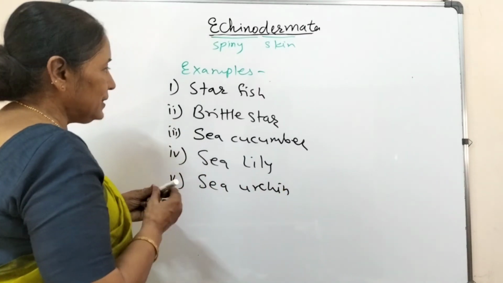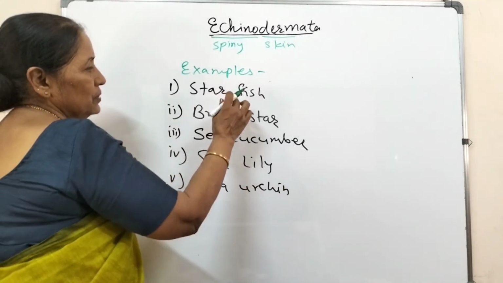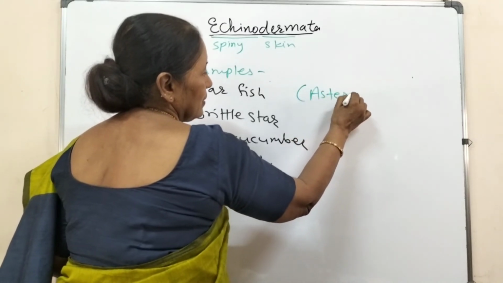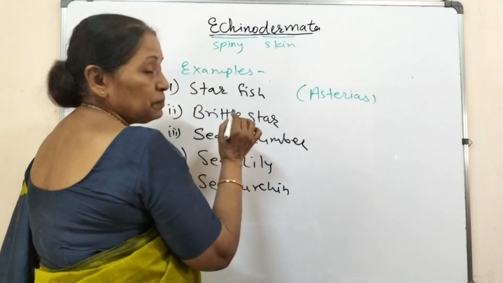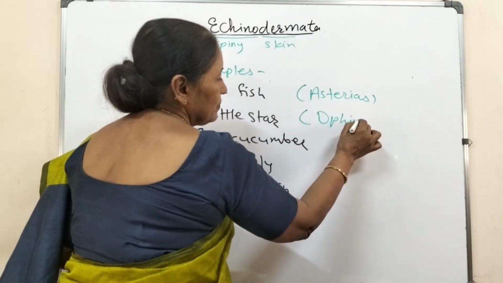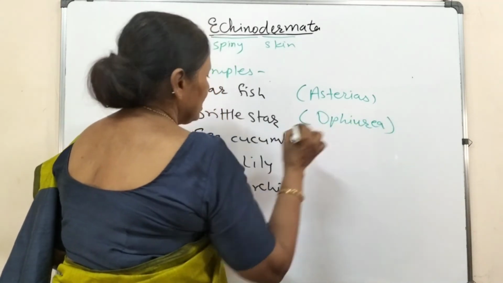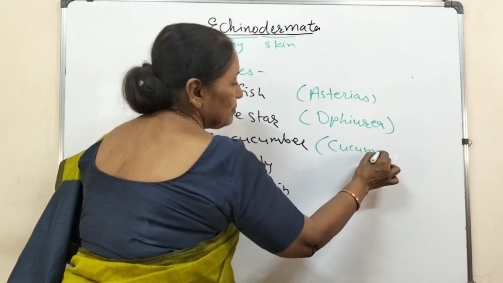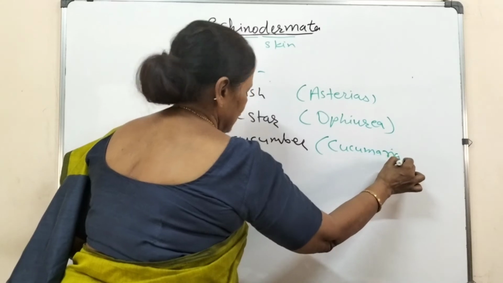Let us write their scientific names also. The starfish is Asterias. The brittle star is Ophiuria. The sea cucumber is Cucumaria. Easy to remember, Cucumaria.